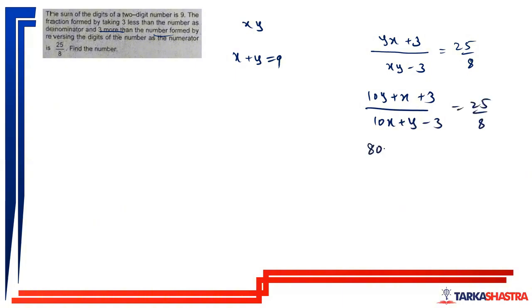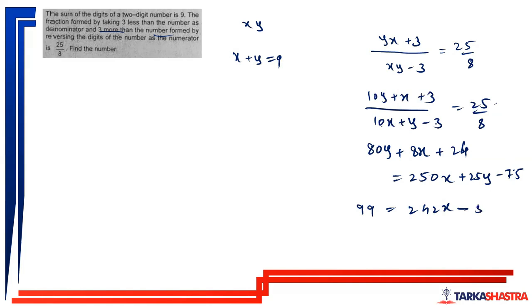Cross multiply: 80y plus 8x plus 24 is equal to 250x plus 25y minus 75. 25 into 3, so minus 75, if it goes here, will become 99. 250x minus 8x is 242x, and 80y minus 25y is 55y. We'll have to divide by 11.